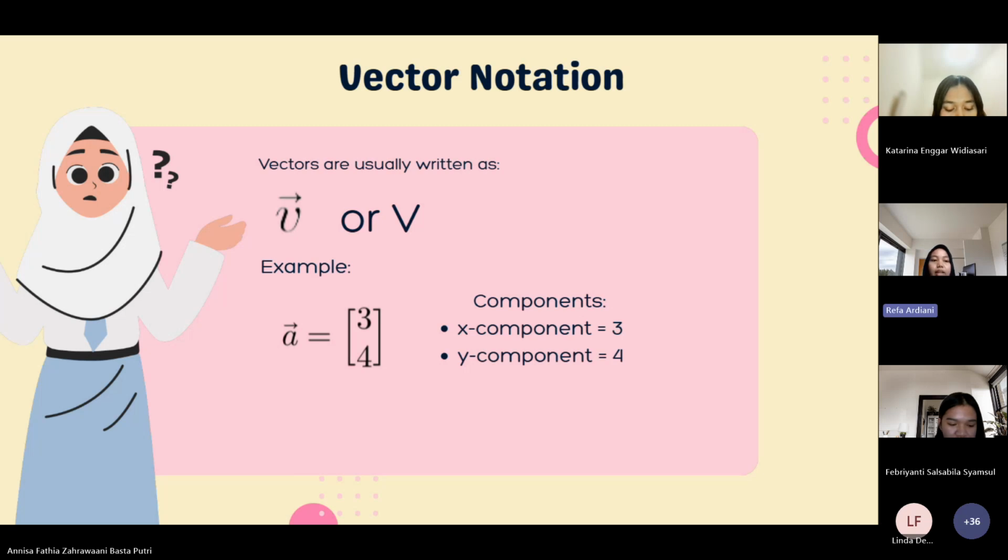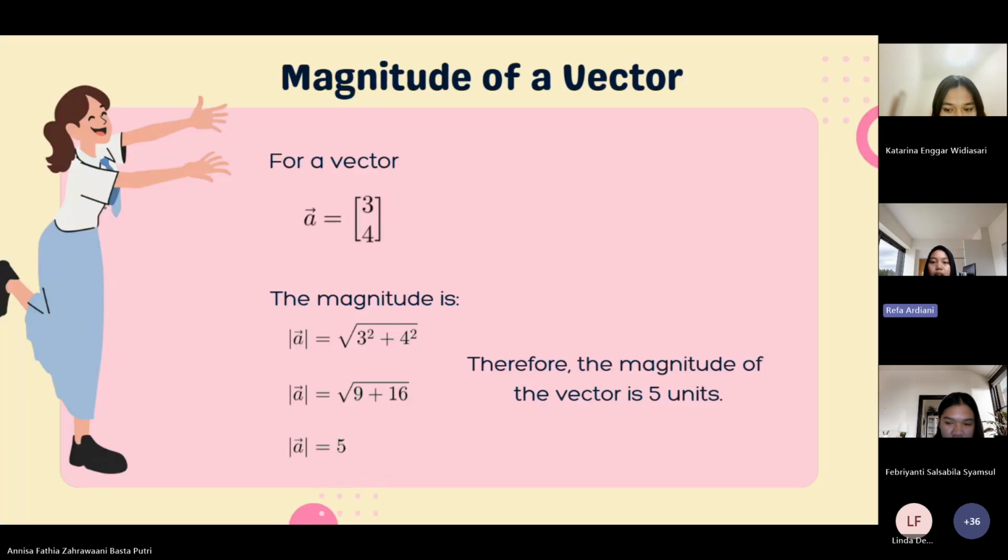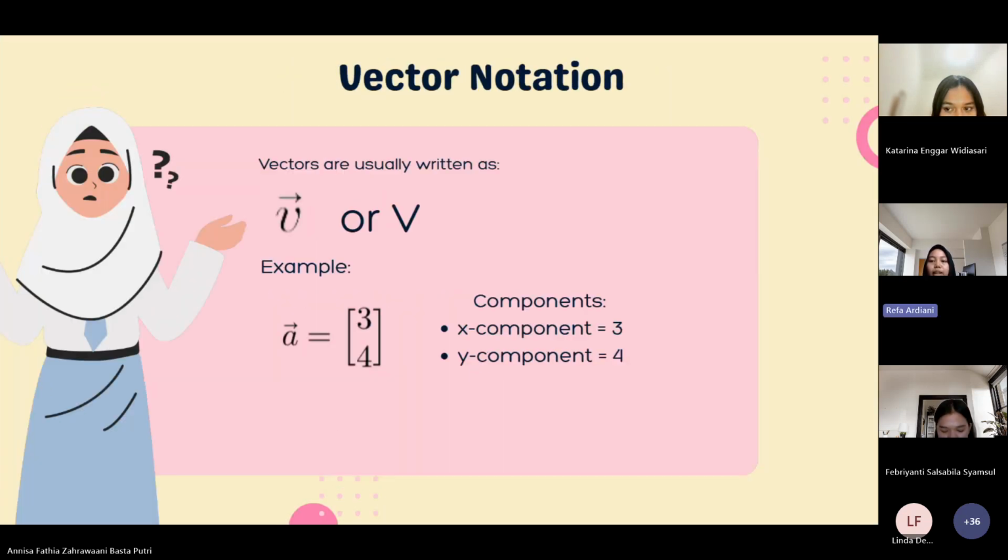Okay, thank you, Katarina, for the opportunity. Next, I will explain about vector notation. A vector is usually written using an arrow above the letter, such as vector v.